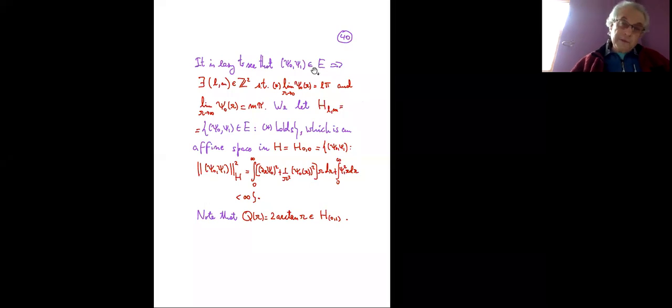And it's easy to see that to be in the energy space, you have to have limits at spatial 0 and spatial infinity, and they have to be Lπ and Mπ for some integers. Now this induces a fibration of the energy space into these fibers, and we call them H_{L,M}.